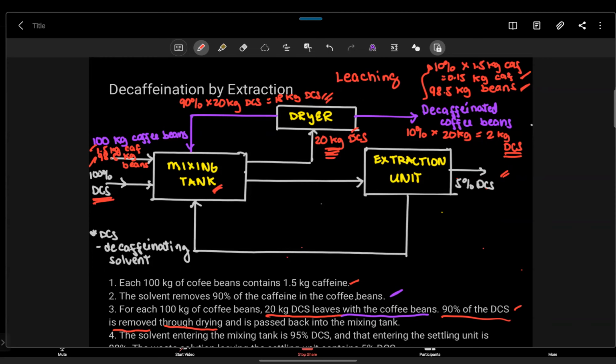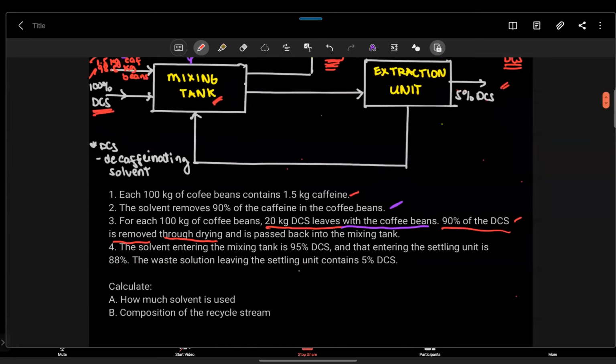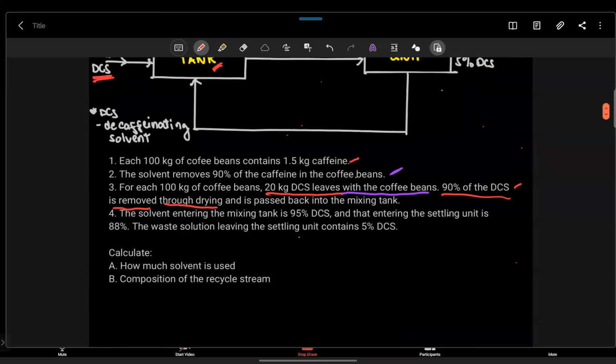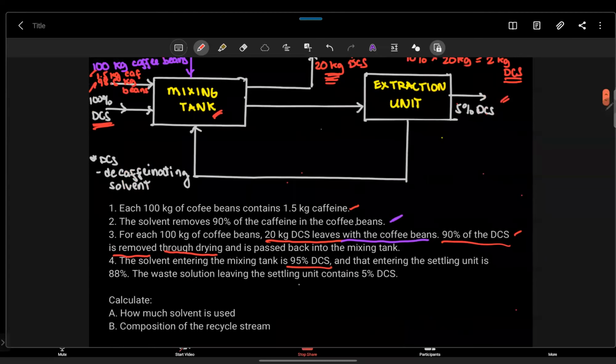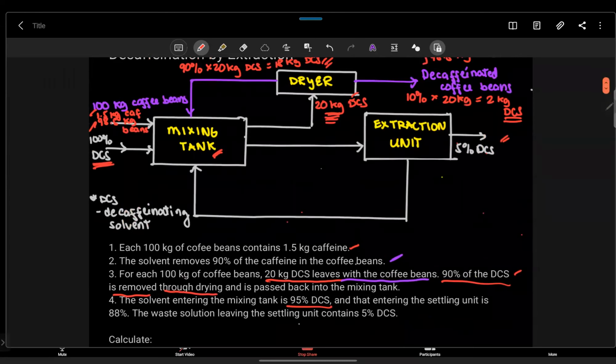So, ano pa yung ibang information na kailangan natin consider dito? Number 4, the solvent entering the mixing tank is 95%. Okay, so how do we write that? Yung mixing tank daw, yung solvent na pumapasok sa kanya, ay 95%. So let me kind of correct this one.